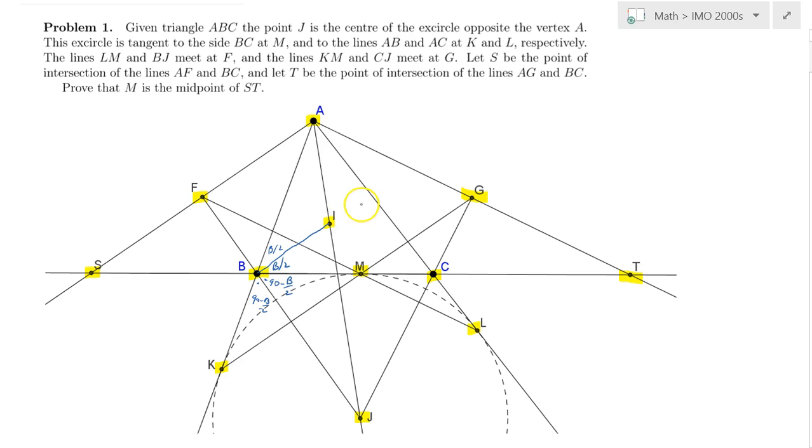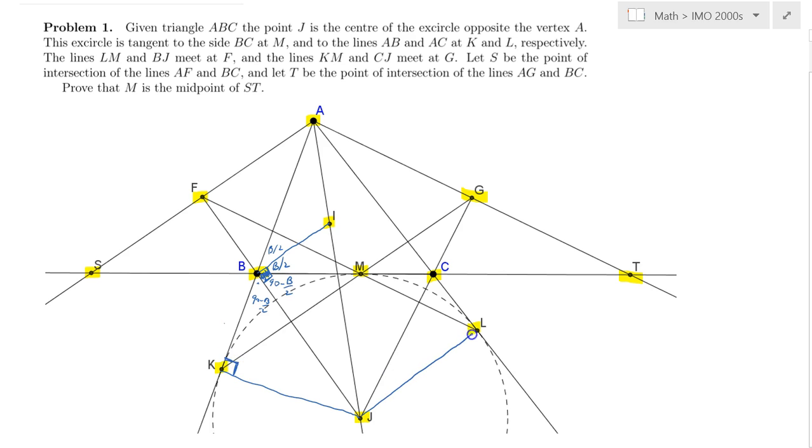It's no surprise that angle IBJ is 90 degrees, and as a result I, B, J, and C are concyclic. I would like to make a few more observations. For instance, if I connect the points K and J, obviously this is a tangent, so this is 90 degrees here.